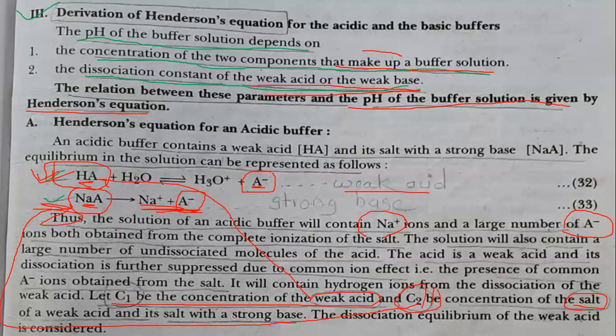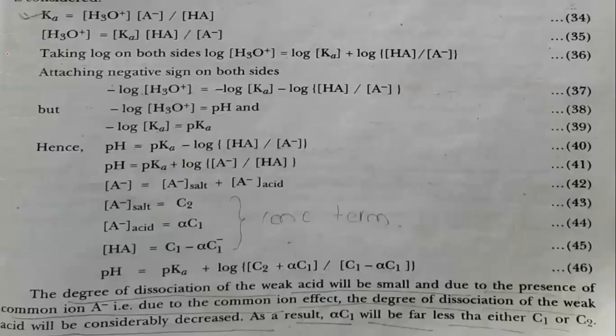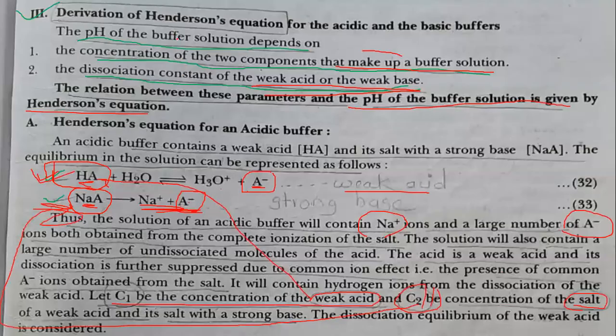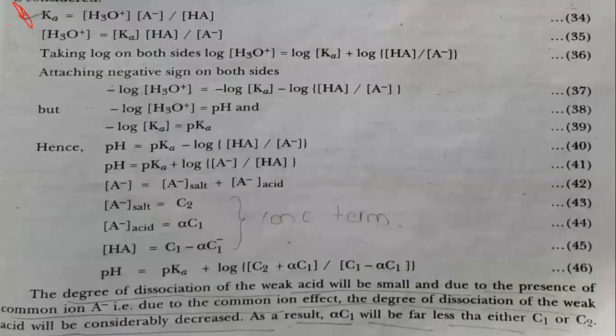If we proceed further, by applying the law of mass action, Ka is equal to the concentration of H3O plus ion into the concentration of A minus ion upon the concentration of HA.